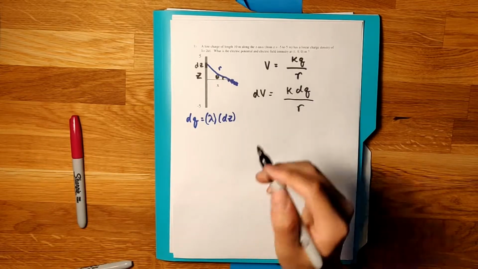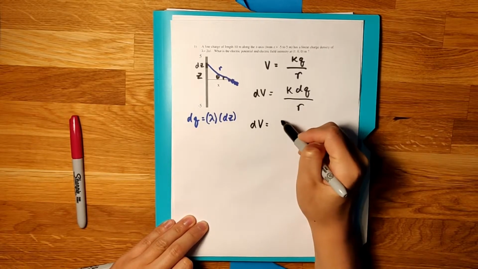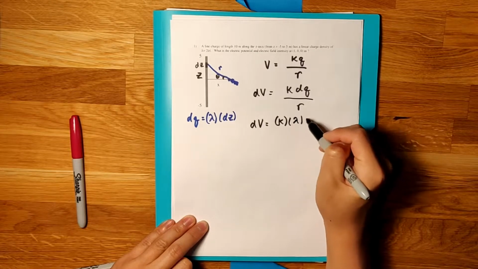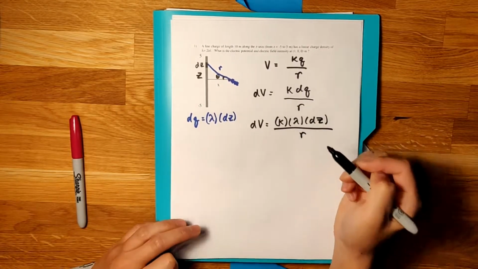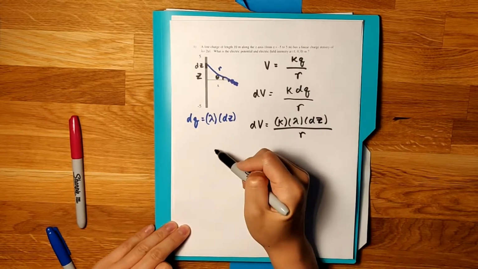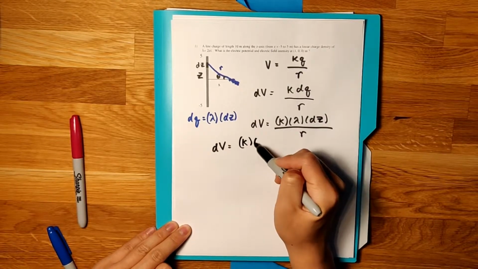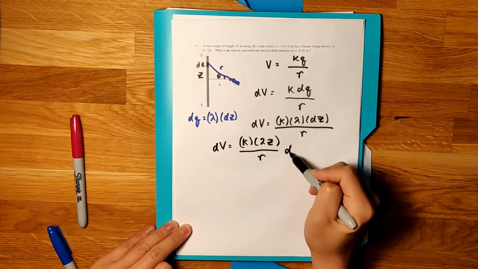So, plugging in what we now know, dV equals K dQ, which is lambda dz over R. Now, let's plug in lambda, so we know that dV is now equal to K 2z over R dz.